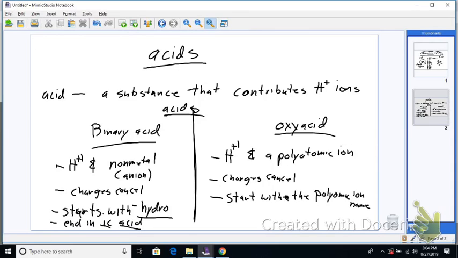Okay, what's the beginning of NO2? Nit. Oh, wait a second, that's not going to work, because if we have to differentiate between NO2 and NO3, how are we going to do it? So what's the ending of NO3? Ate. Okay. What's the ending of NO2?